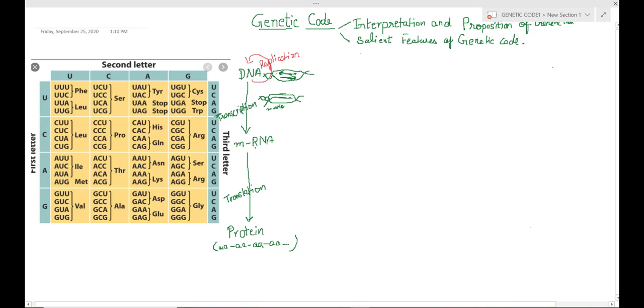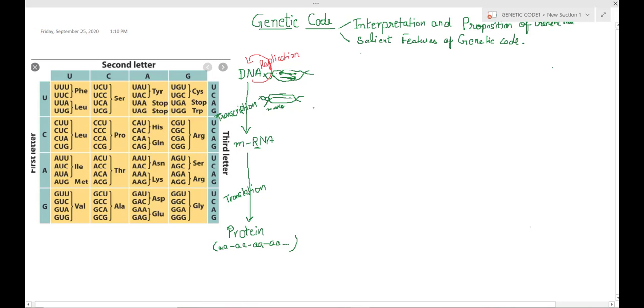But in translation, when mRNA gets translated into protein, there is no complementarity between the mRNA and the protein. mRNA is a nucleic acid and protein is a polymer of amino acids. So the discovery of the genetic code is required to predict the sequence of amino acids in a protein. We need to find the relation between mRNA and protein.